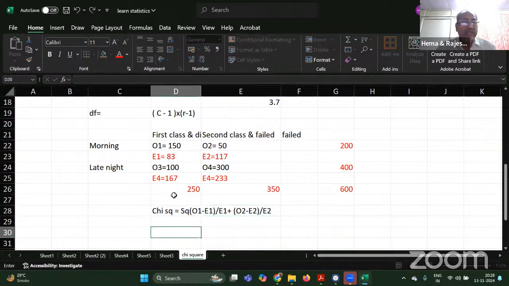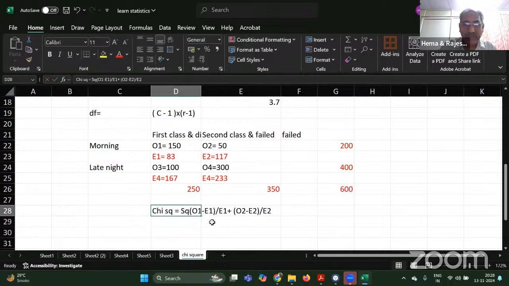So in this case, what we'll be doing is, this is squared, then this is also squared. Then you go on for each cell.